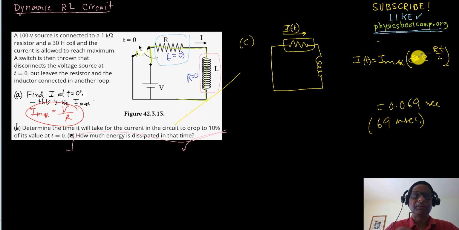That was charging, and this is discharging. So you can see the formulas look similar, but they are very different, right? This is for discharging. So we have a discharging circuit.